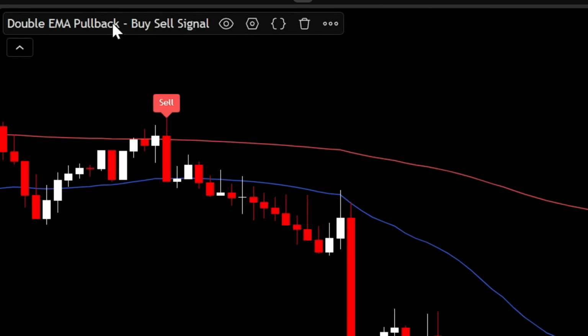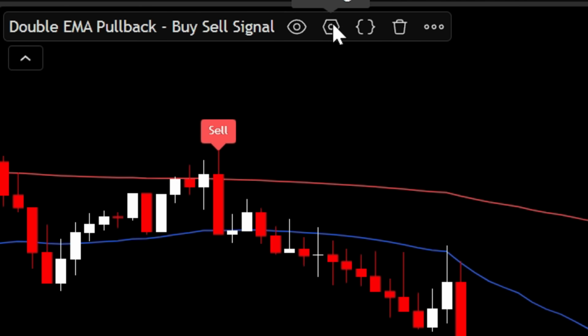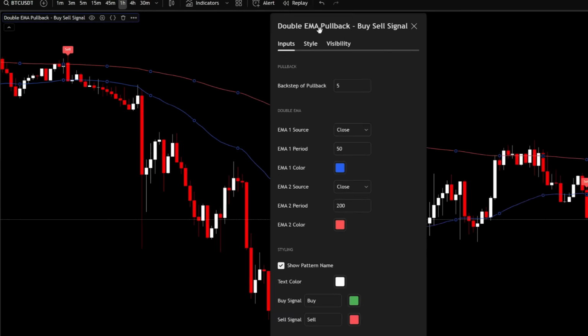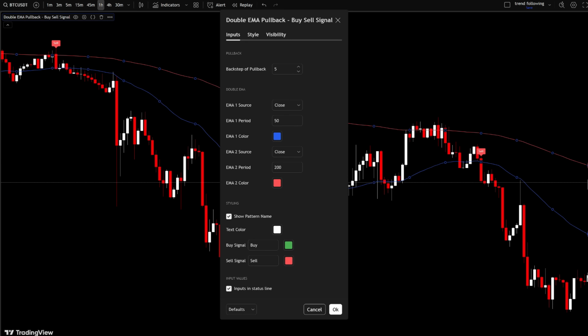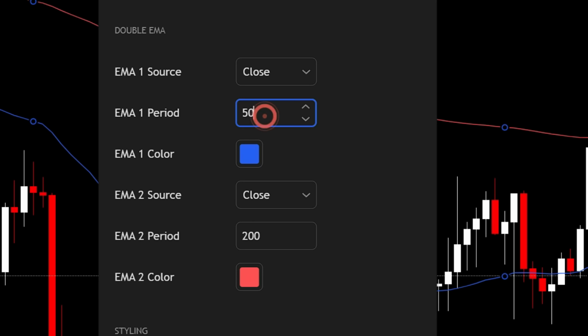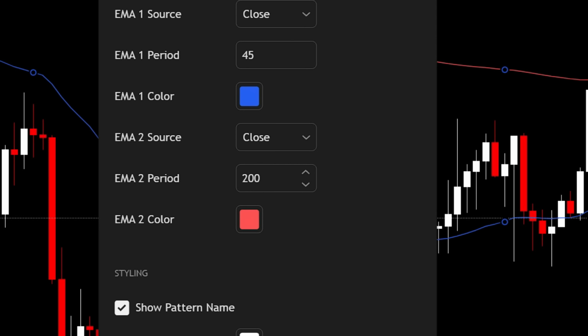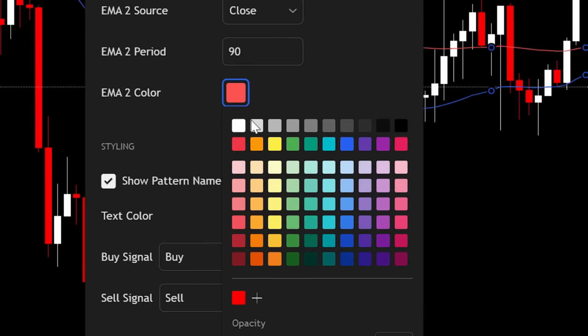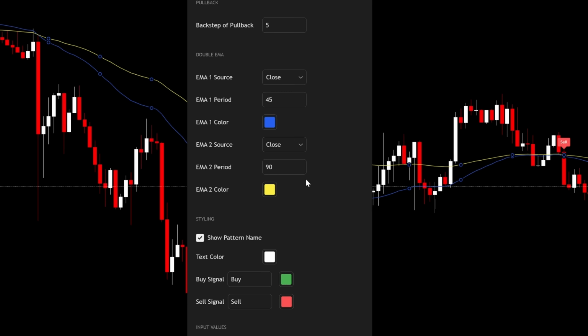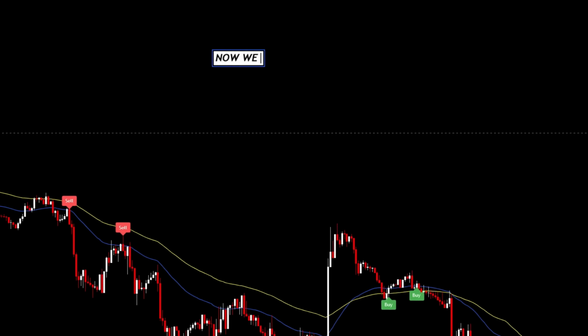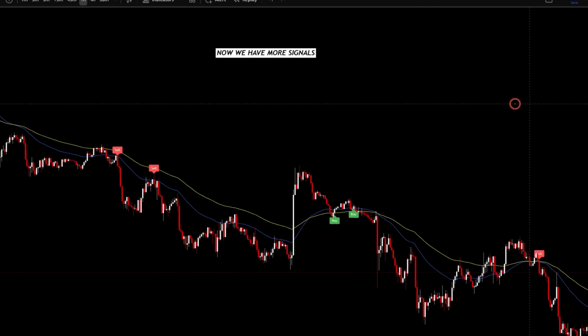Go into the indicator settings, then Inputs, change EMA1 from 50 down to 45, then EMA2 from 200 down to 90. That way you'll see more frequent signals, which is what scalpers are after.